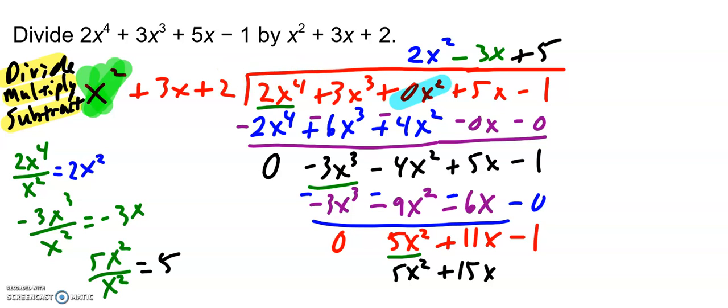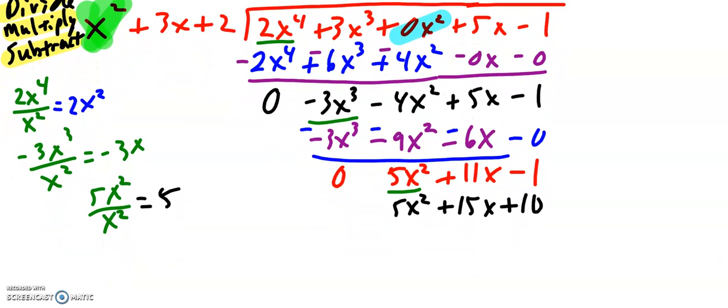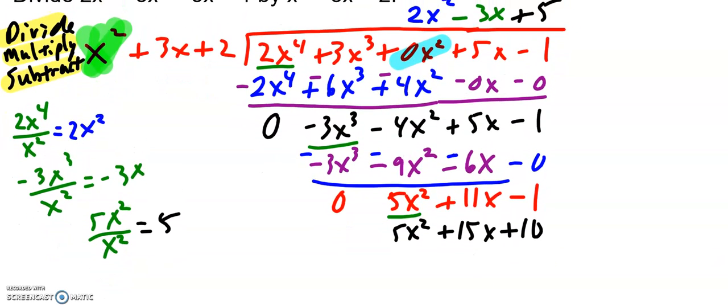And 5 times 2 is 10. Now we are going to subtract. When I subtract here, 5x squared minus 5x squared should go away, and I get 0. 11x minus 15x is minus 4x, and negative 1 minus 10 is minus 11.